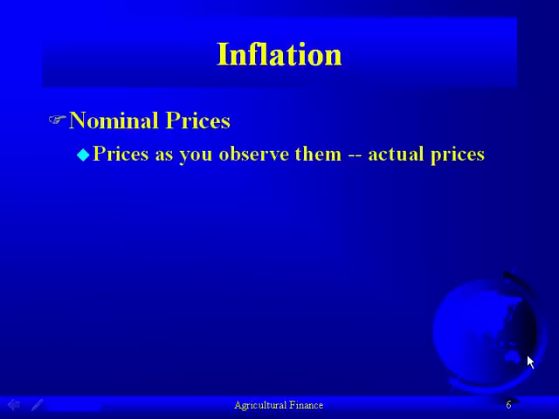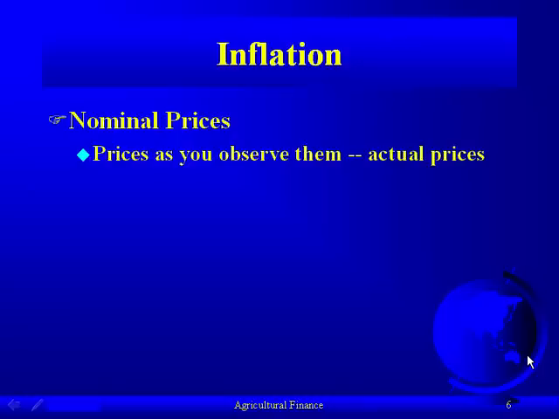Okay, now let's start with that very simple explanation of inflation. Now let's start putting some vocabulary to it that we use in investments and capital budgets. This one word, nominal prices. Nominal prices, as we will use them in capital budgeting, are the prices as you observe them.